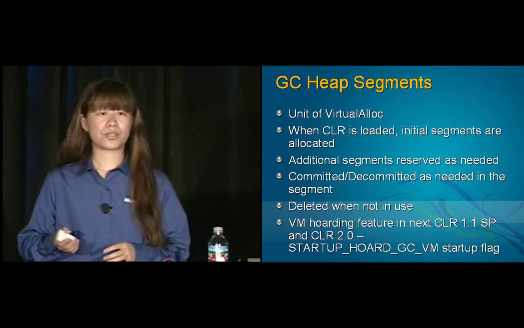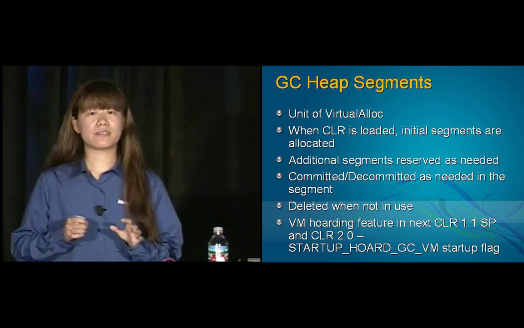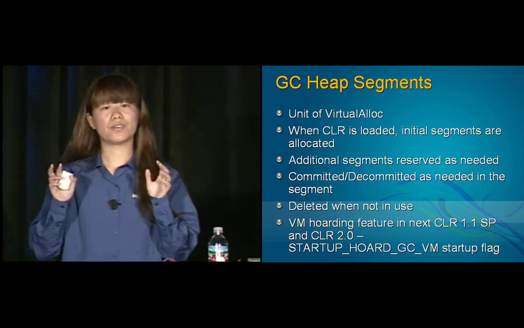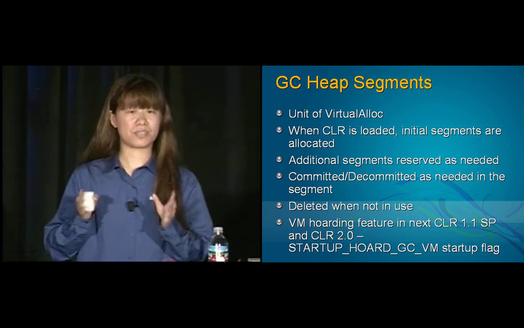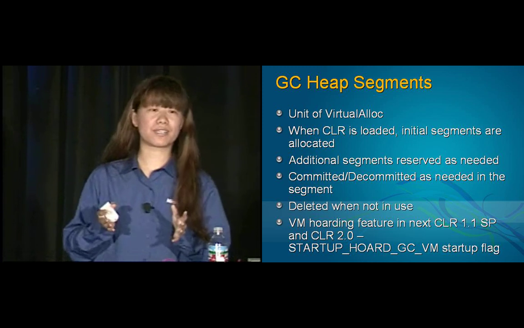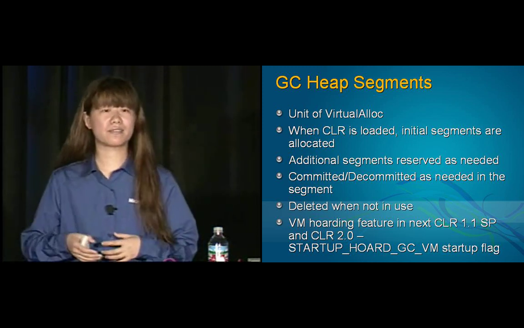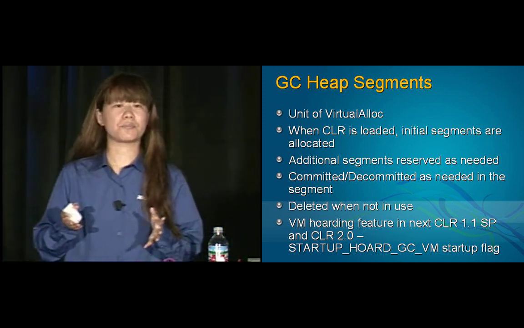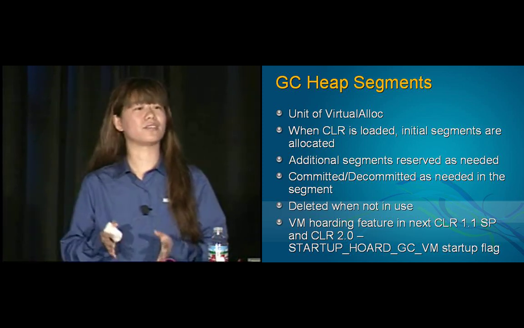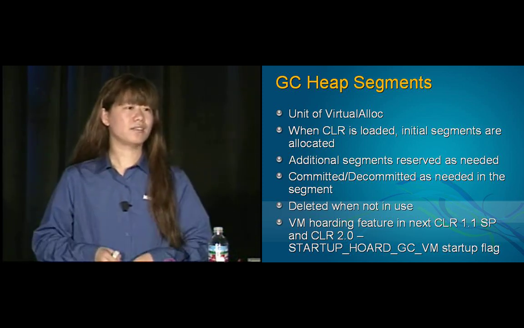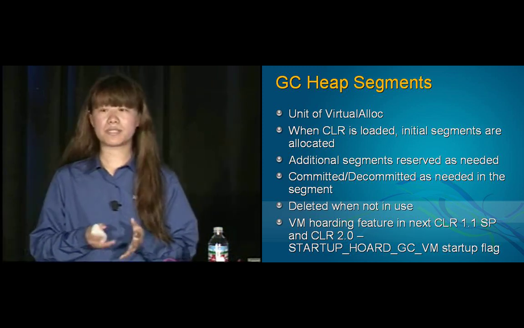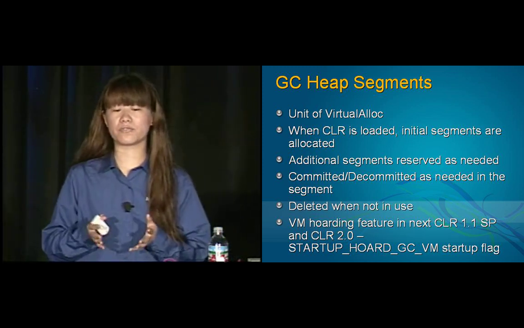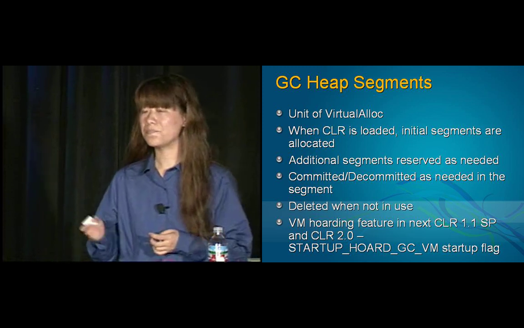This feature only keeps segments that are not larger than the normal segments, which is what we talked about, 16 megs in general. The reason for that is, if somebody acquires a segment that's like 500 megs, we don't want to keep that much space reserved on the managed heap. You can specify this via this startup flag for GCVM.